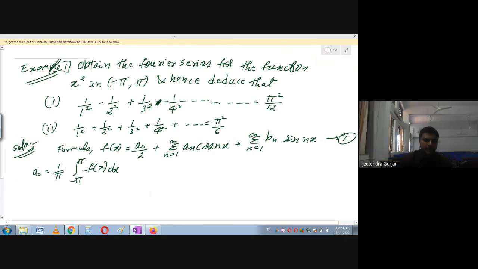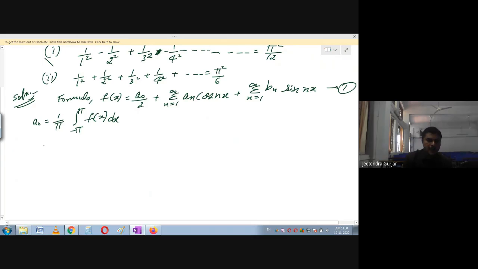First we'll simplify this taking the function. You can see here they have given the function, f of x is equal to x square in the interval minus pi to pi. So I have directly taken minus pi to pi, so c is equal to pi. Is it clear, students?